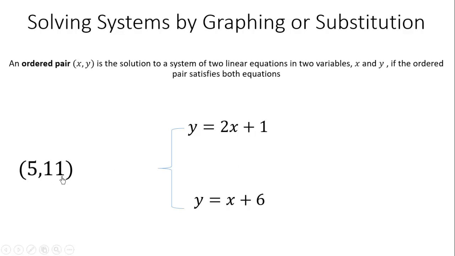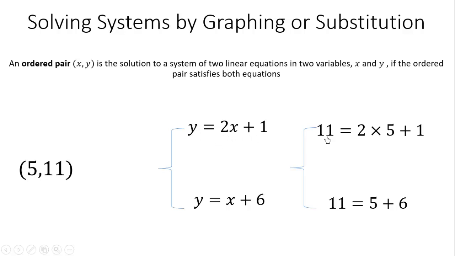Because the solution must satisfy this system. So let's check to see if indeed (5, 11) satisfies the system y equal 2x plus 1 and y equal x plus 6. So we do a substitution.